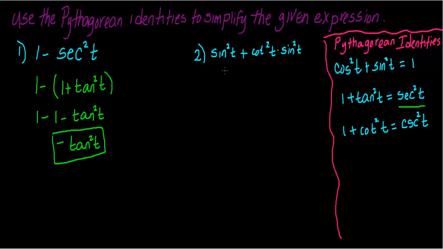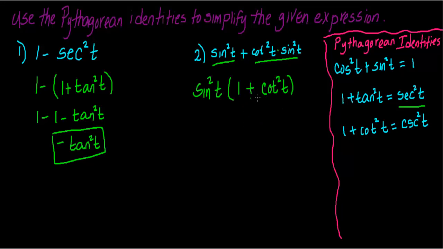I notice that I have 2 terms in this expression separated by a plus sign, and both these terms have a common factor, and that factor is sine squared of t. So I'm going to factor out that common factor. Sine squared of t is the common factor, and then inside the parentheses I'm going to be left with 1 plus the cotangent squared of t.